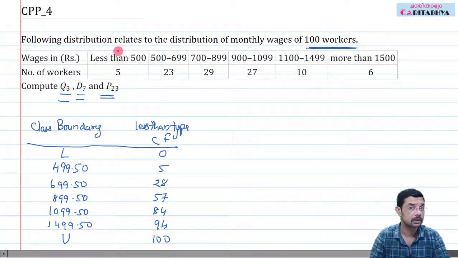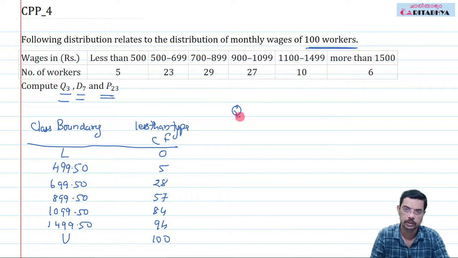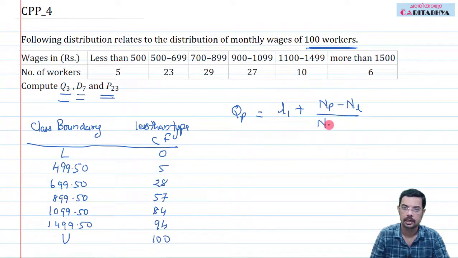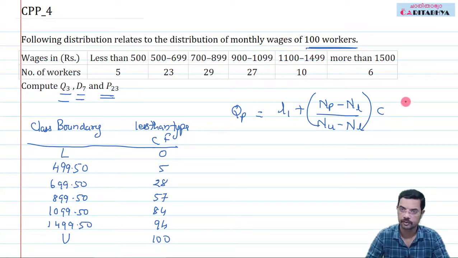Now let us find out the third quartile. We know the pth quartile will be equal to L1 plus (NP minus NL) by (NU minus NL) into C, where NP has a different formula.